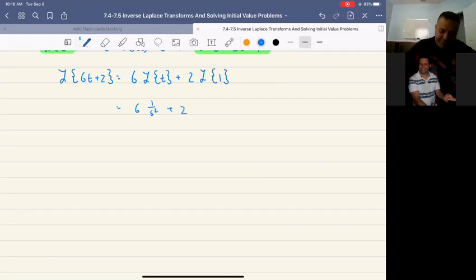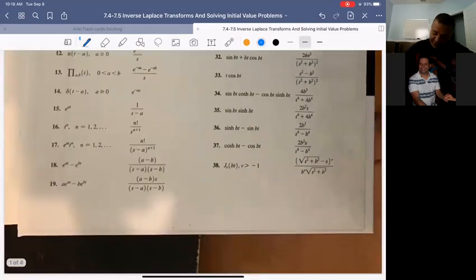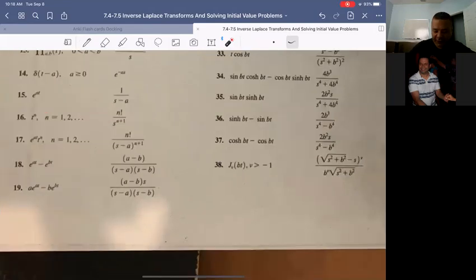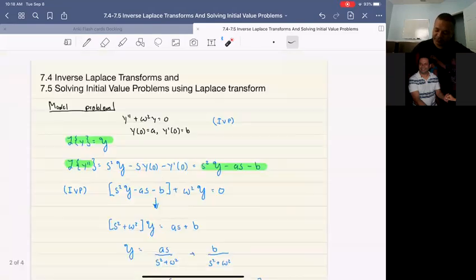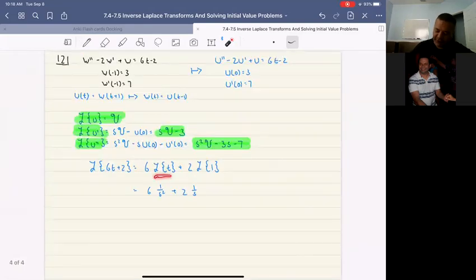And I know the Laplace transform of 1 is 1 over s. We can always look at our table. Even with n equaling 0, 0 factorial is 1. So if we put n equals 0, t to the 0 gives us 1 over s to the 1. If n equals 1, t to the 1 is 1 factorial over s squared. And that's these Laplace transforms.